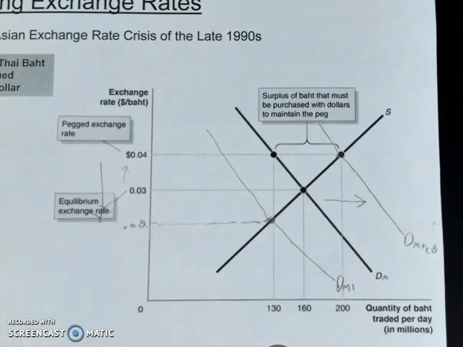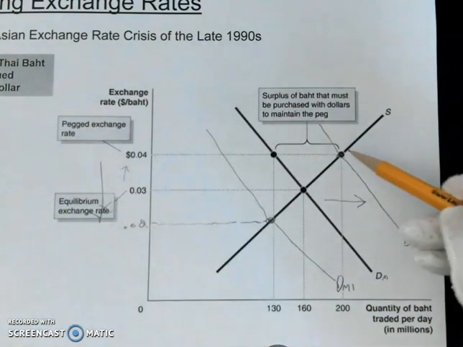The way that these businesses actually undertook this process is important. They borrowed US dollars from US banks to buy the equipment and everything else. So imagine you're a Thai business and you borrowed $1 million from an American bank. But when you did that, it was 4 cents per baht.